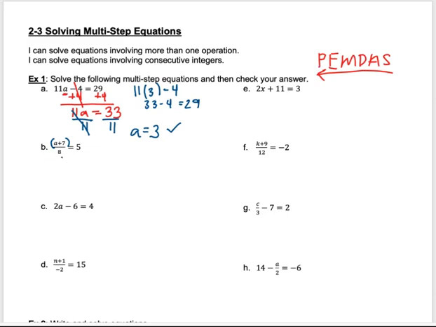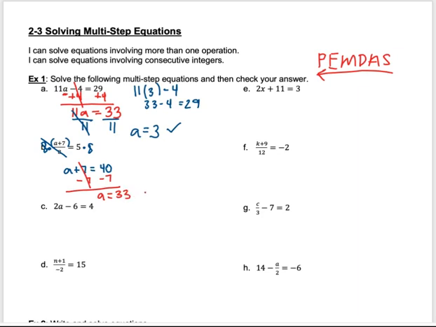So I need to get rid of this 8 first. I'm dividing by 8 here, so I'm going to multiply both sides by 8. That leaves me with a plus 7 equals 5 times 8, which is 40. Now I still want a by itself, so I'm going to subtract 7 from both sides, do the opposite, and I get a equals 33.